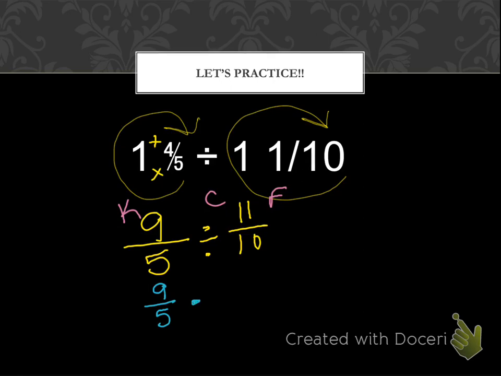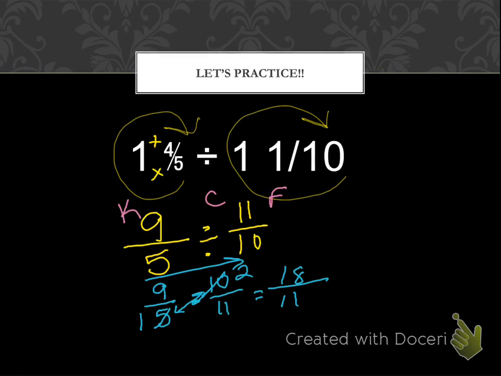And flip to the reciprocal 11/10, so it's going to be 10 over 11. And now I can cross cancel right here. 5 and 10 can both be divided by 5. 5 divided by 5 is 1. 10 divided by 5 is 2. Multiply straight across. 9 times 2 is 18. 1 times 11 is 11.